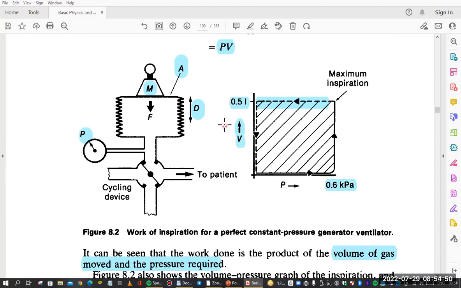And this is the rectangular stippled graph showing the pressure created smoothly, 0.6 kilopascal, creating a volume of half a liter. You can see this from the graph.